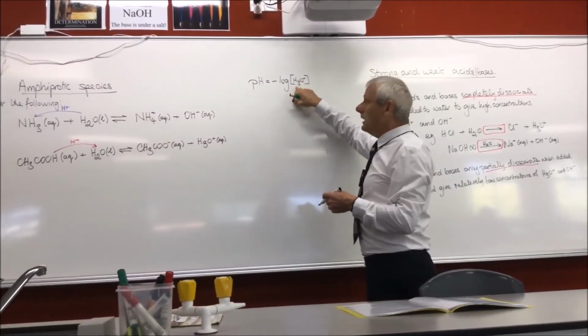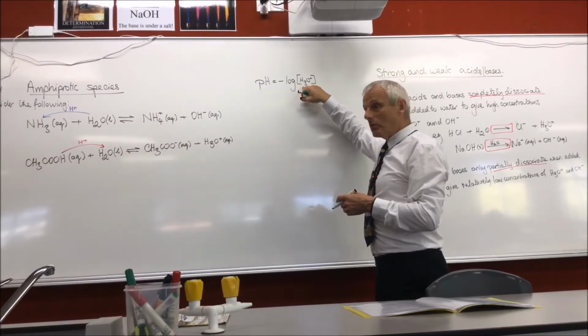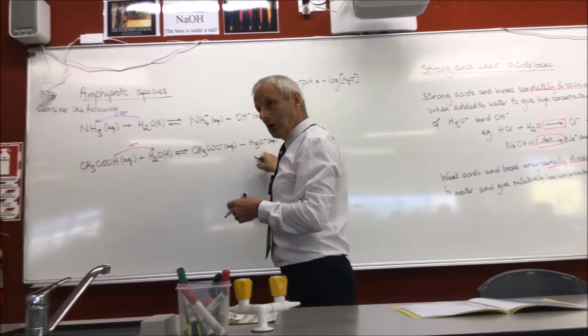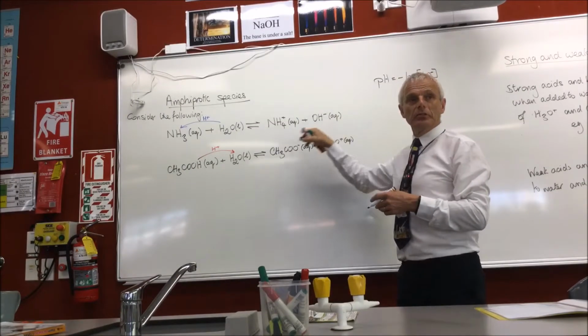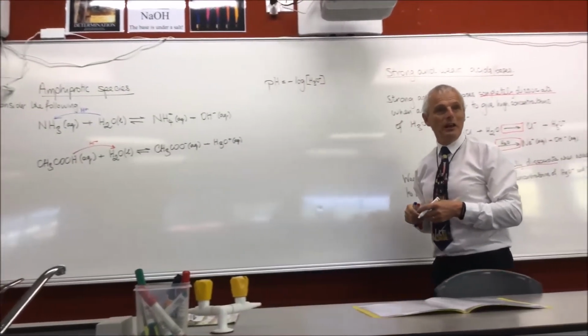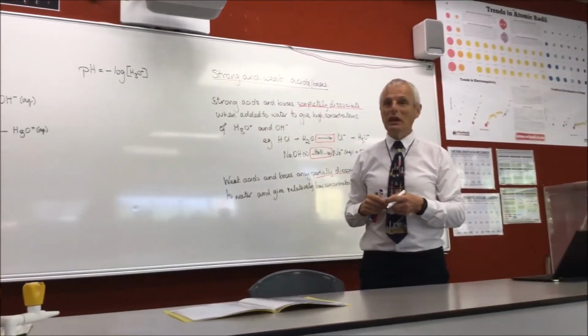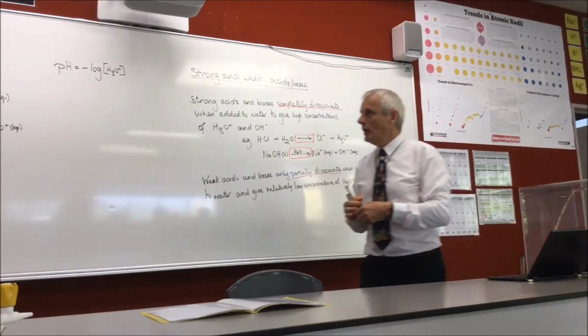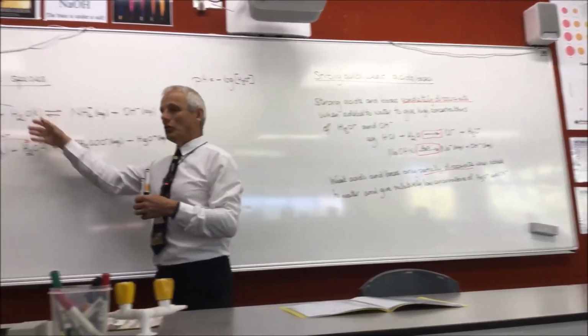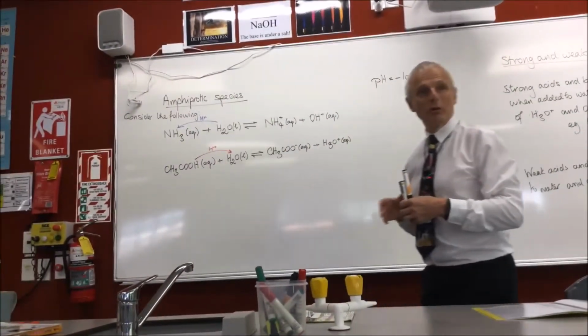But to work out the pH, we need the concentration of H3O+, and for an acid, that's all well and good. But what do we do with bases? Because there's no hydronium ion anywhere in that equation. So where do we get it from? To answer that, we need to look at water in these two reactions and what it's doing.